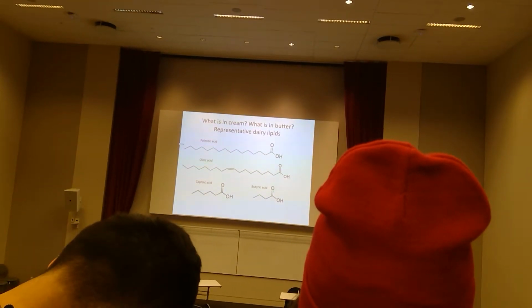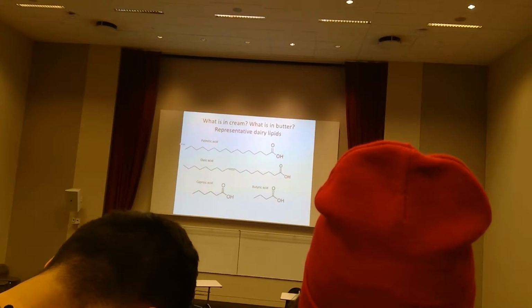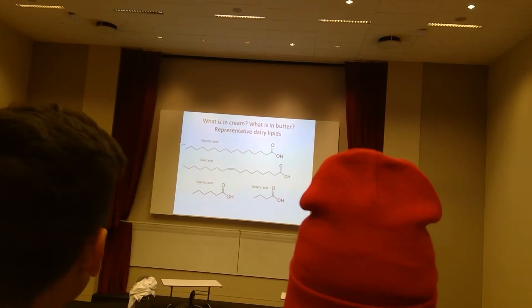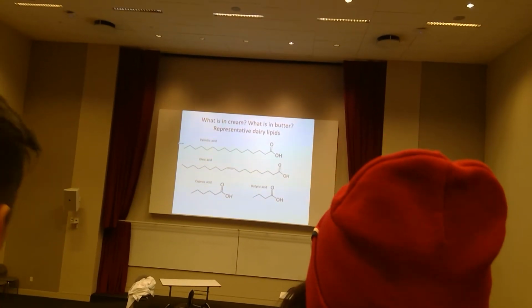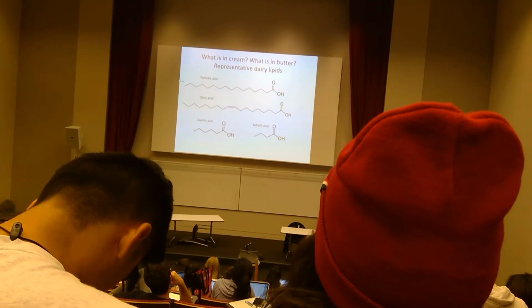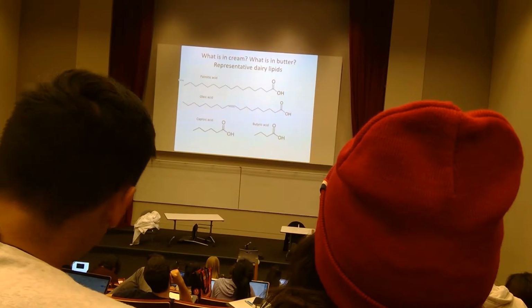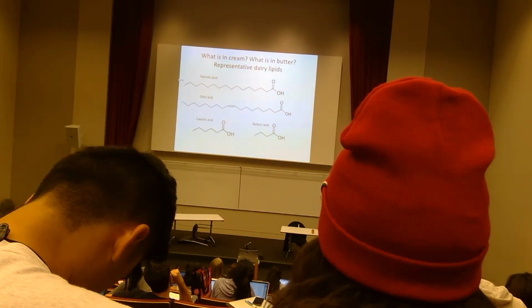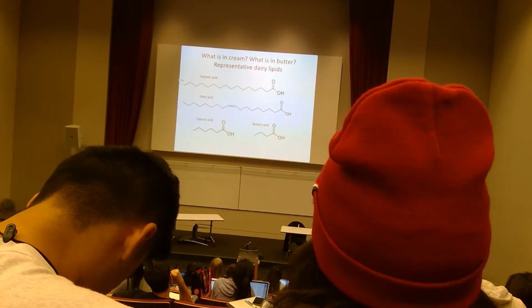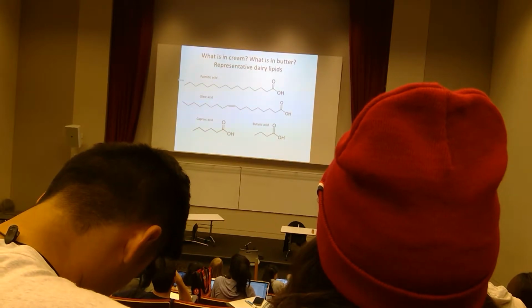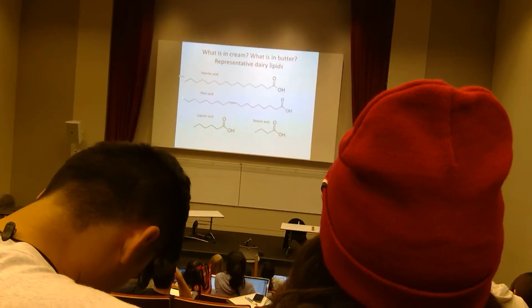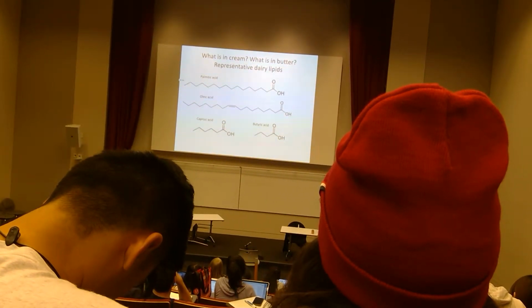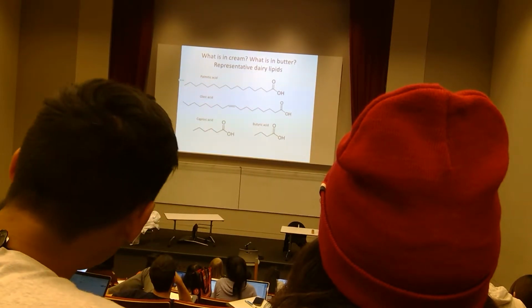Okay, so what fatty acids in particular are present in typical dairy foods, creams, butters? These are the kinds of things you might see as far as saturated fatty acids. Here's palmitic acid, and then here's oleic acid. Here's our cis alkene present, and so this is going to be an omega-9 fatty acid.